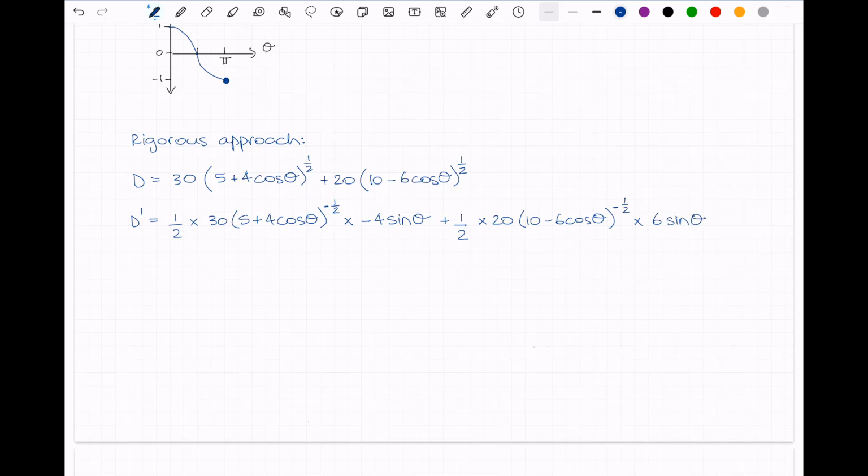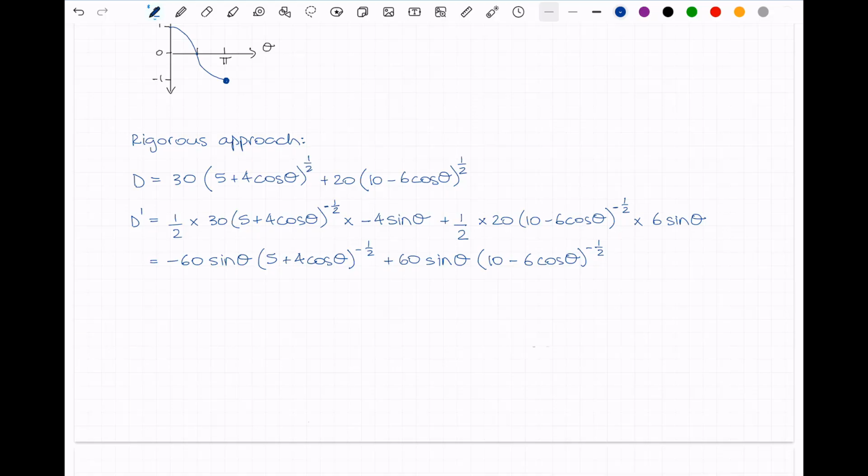So we can clean this up a bit. We'll do a half times 30, 15, times minus 4. So that would be minus 60 sine theta times 5 plus 4 cos theta to the negative a half. And then a half times 20 is 10, 10 times, so we'll get plus 60 sine theta, and then we'll have 10 minus 6 cos theta, also to the negative a half.